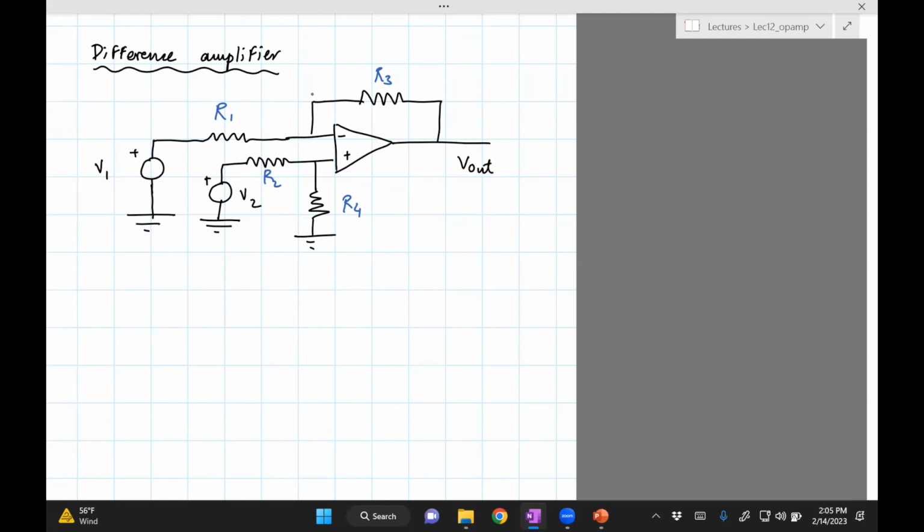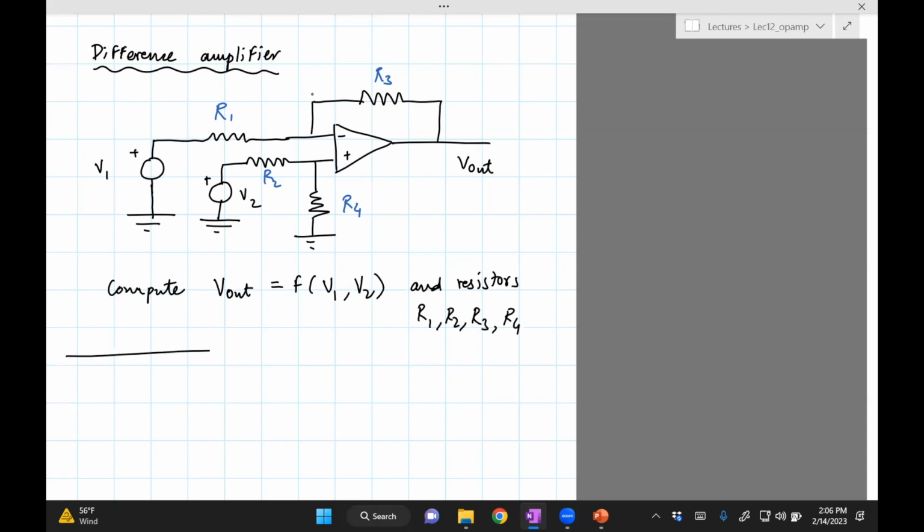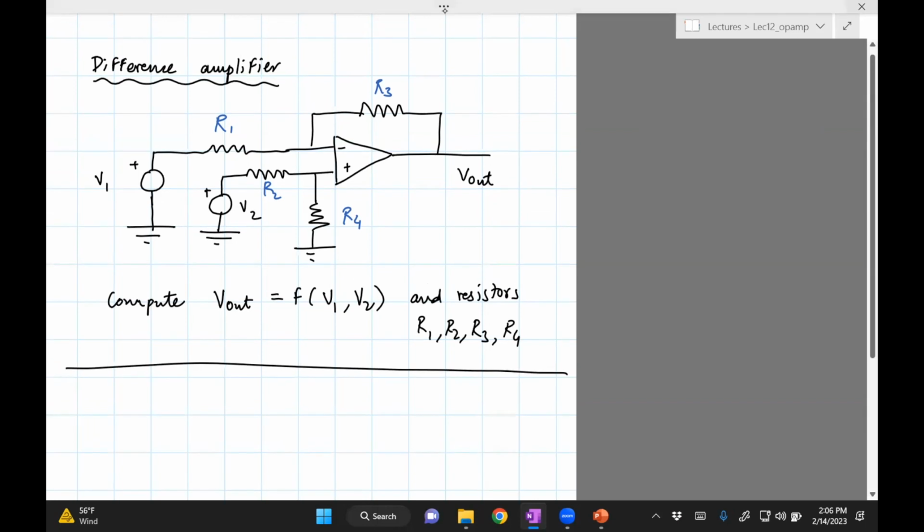Yes, so we are trying to compute Vout as a function of V1, V2, and of course the resistors R1, R2, R3, R4. I'll basically redraw this and then we'll do a similar calculation like we've done for the other circuits.